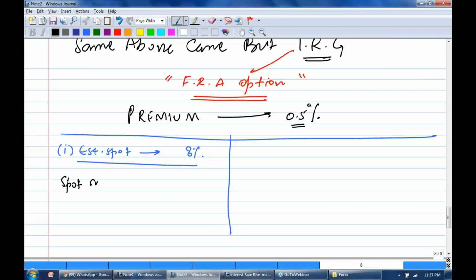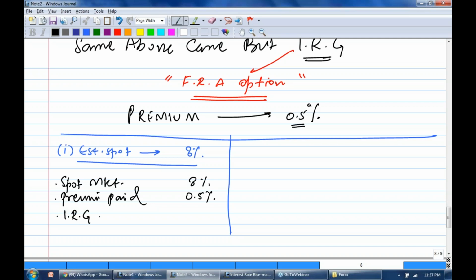So we will go to the spot market at 8%, and we have already paid the premium of 0.5%.